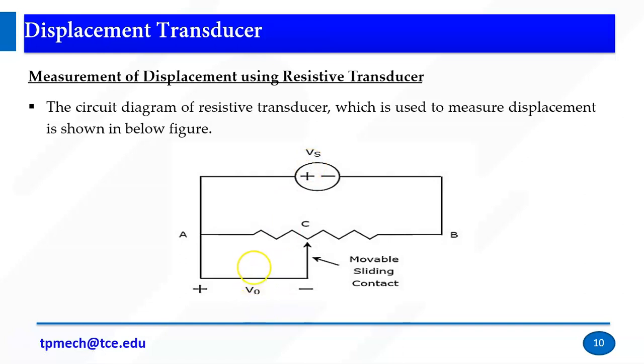So the output voltage is measured with the help of a potentiometer. So we have a device called a potentiometer which is used to measure voltage differences. Right. So Vs and V0, both voltages are connected in parallel. It is not in series; it is connected in parallel. Right. So we will see one by one.